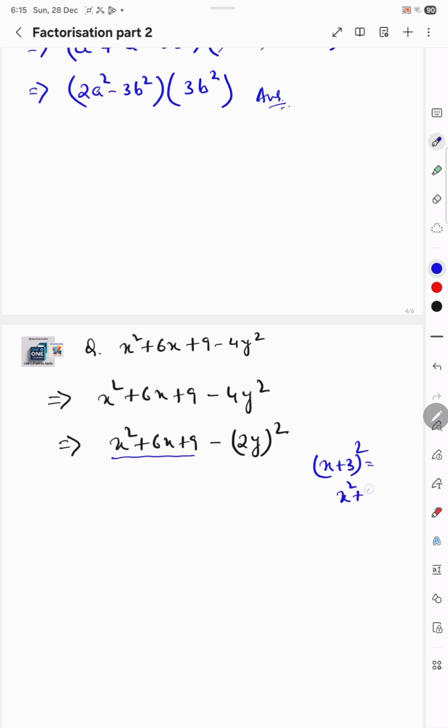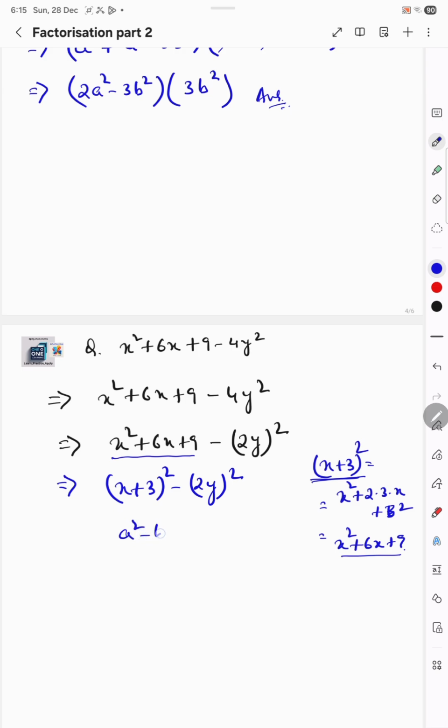x square plus 2ab plus 3 square. This is x square plus 6x plus 9. So this part we can write it by this term. So this is x plus 3 whole square minus 2y whole square. Now see, they are now in the form of a square minus b square.